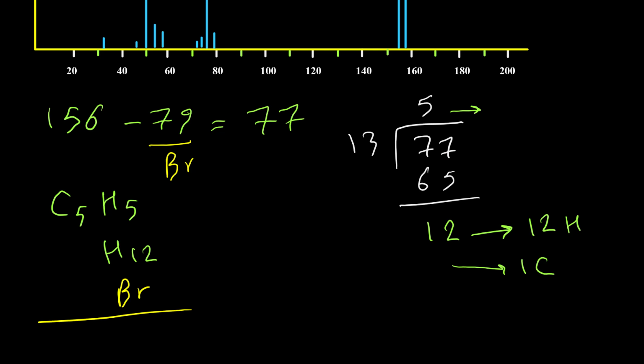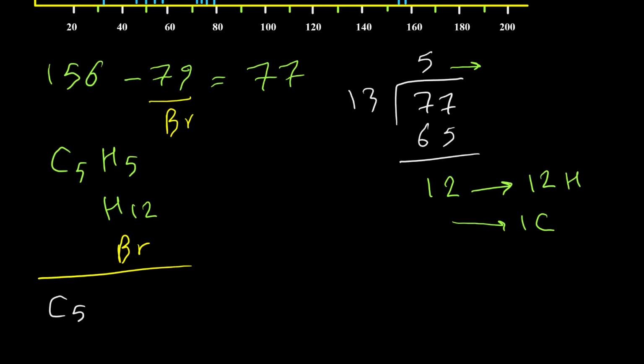Then the answer is C5H17Br. This formula is impossible because we know the maximum number of hydrogen is for an alkane. And if we have an alkane with 5 carbon, the maximum number of hydrogen is 12, and we have 17 here and also one bromine.